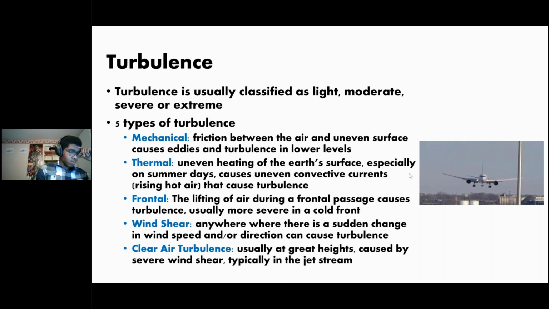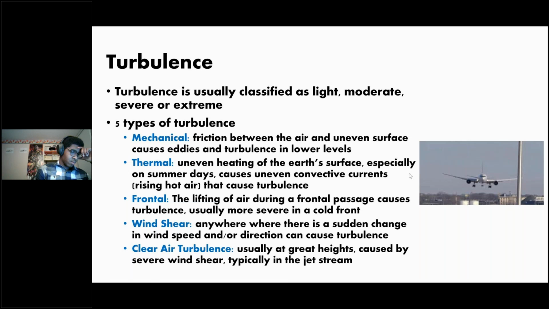You can have frontal turbulence. So we talked about warm and cold fronts. That's just one air mass going underneath or behind another, as we talked about. You can have wind shear, which can be caused by a million different reasons, but that's just a very sudden change in wind speed or direction, typically very isolated, and it can be, like I said, from a variety of reasons.